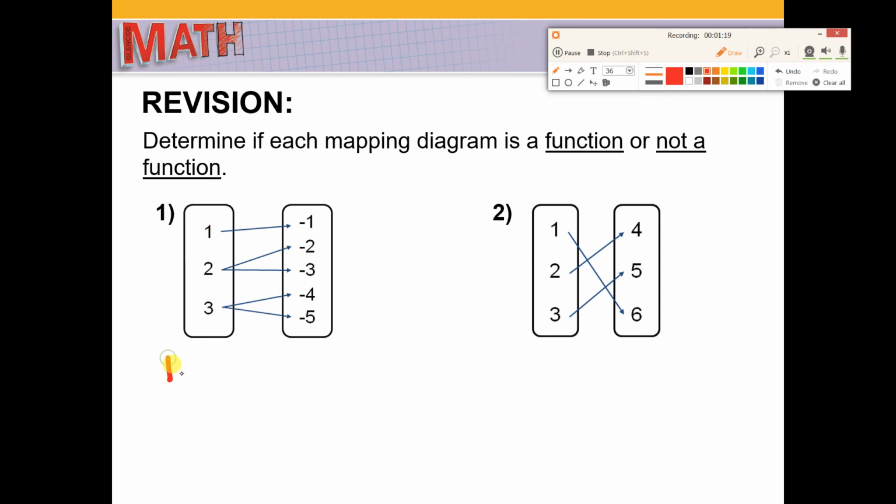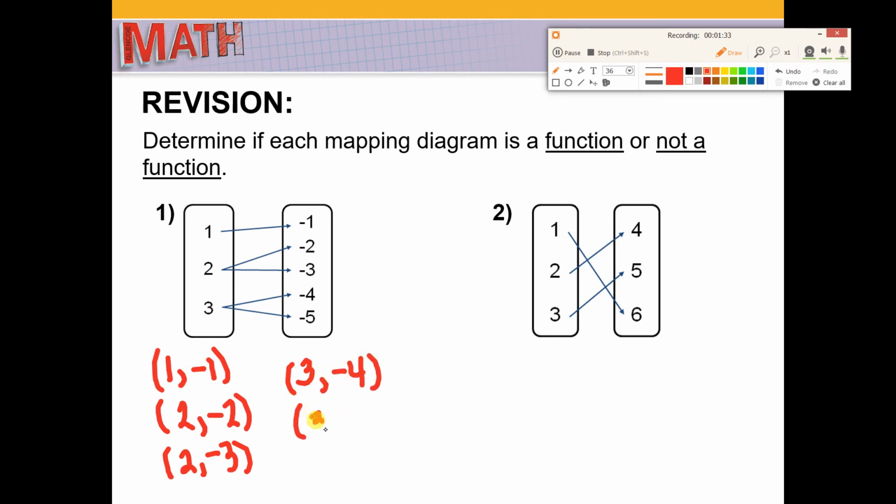We have 1, -1, 2, -2, 2, -3, 3, -4, and 3, -5. Now we have to determine the x values, if they are repeated or not.